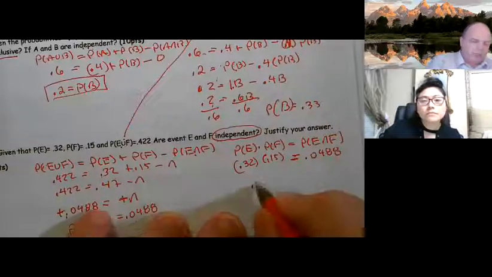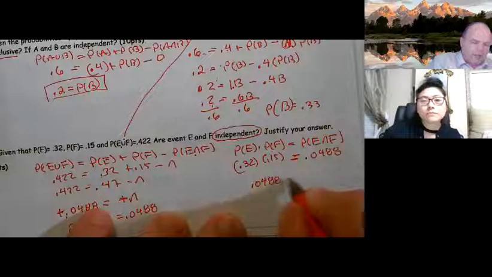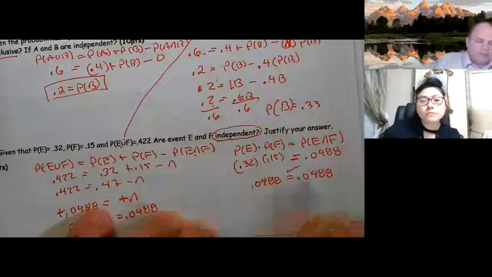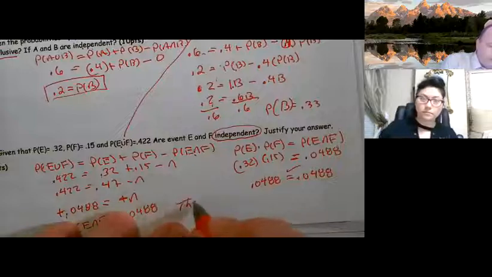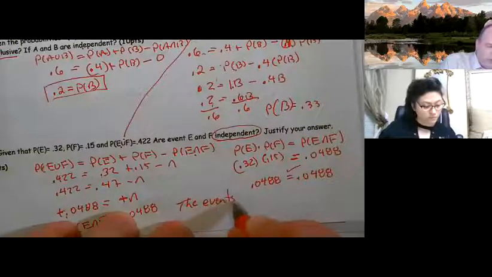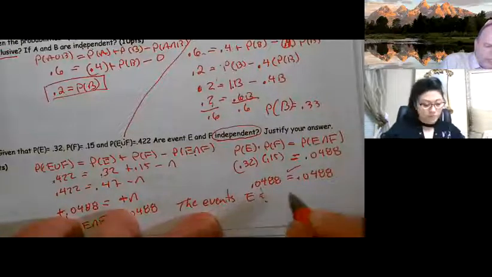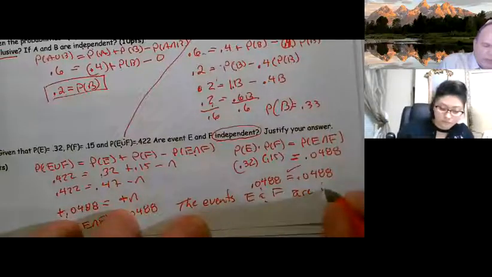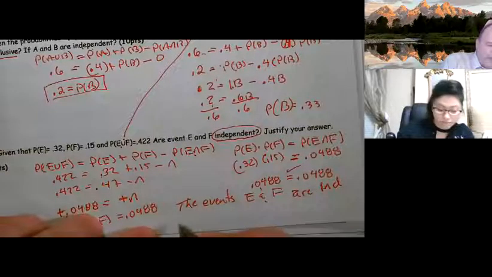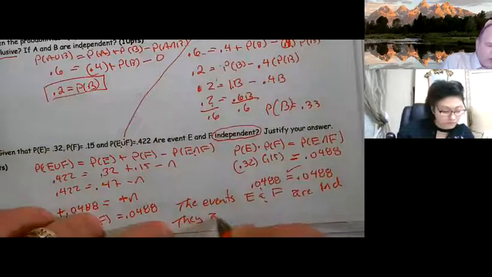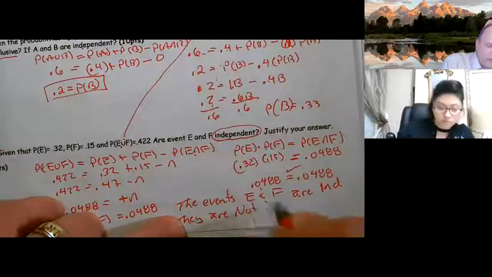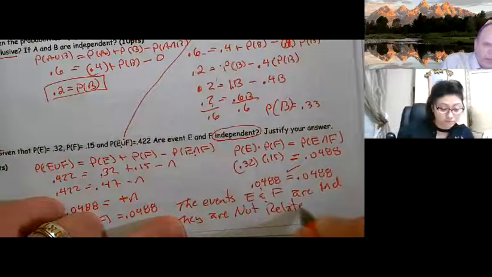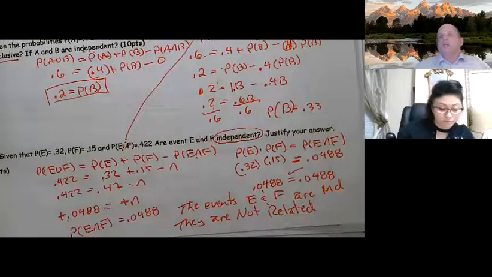And guess what? 0.0488 equals 0.0488. The events E and F are independent. I'm just going to abbreviate IND. They are not related, or they are not associated. All right?